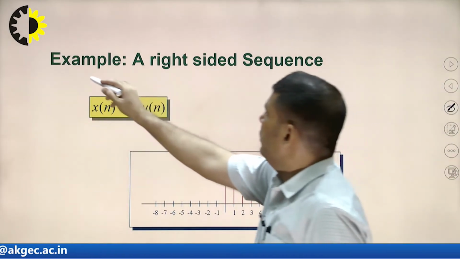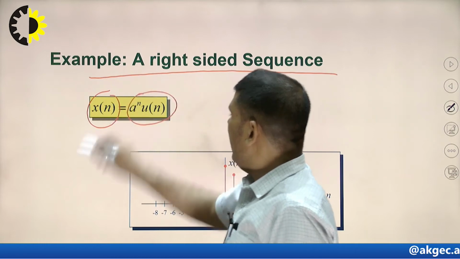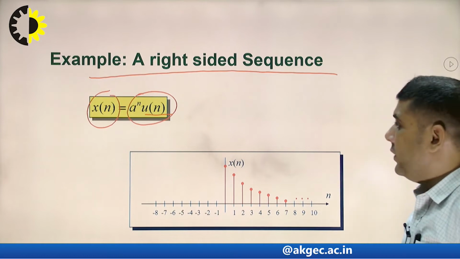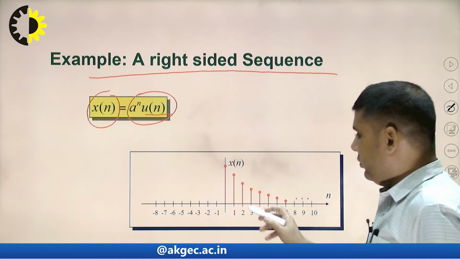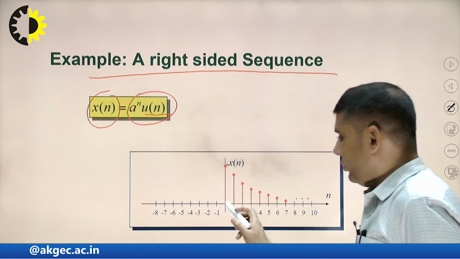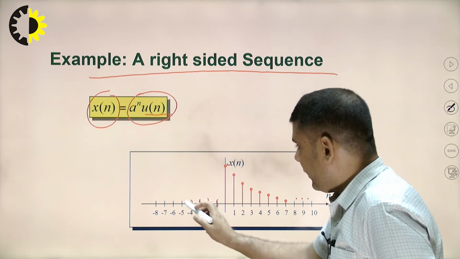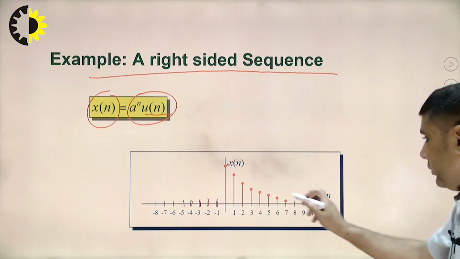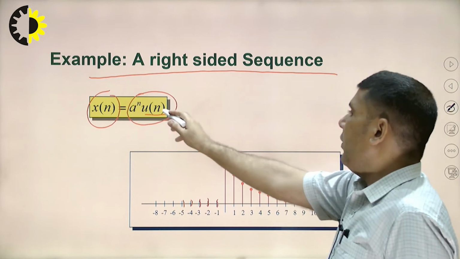Suppose we have a right-sided sequence x[n] equal to a^n u[n], where u[n] is the unit step sequence or discrete signal. It is defined by this formula: for n less than 0, all values are zero, and from 0 to infinity we have some finite values as n increases.